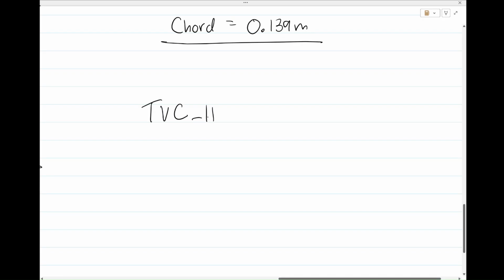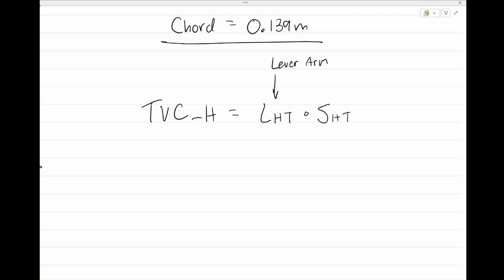Tail volume coefficient, horizontal equals L_HT for the lever arm times the tail area, over the chord of the wing and then the wing area.